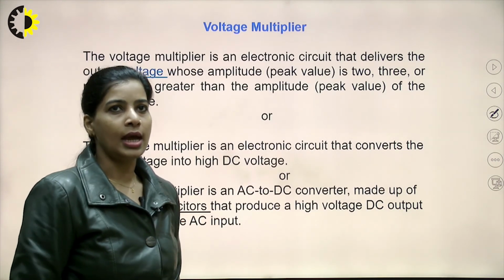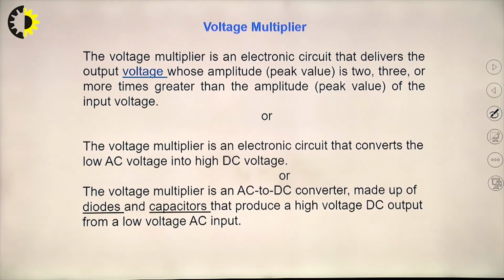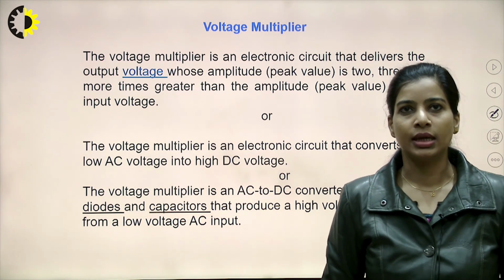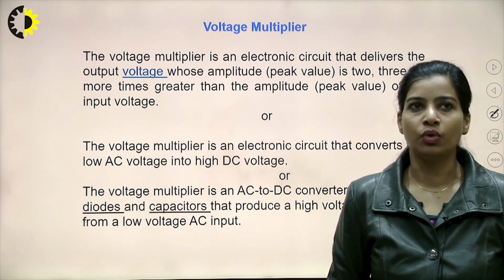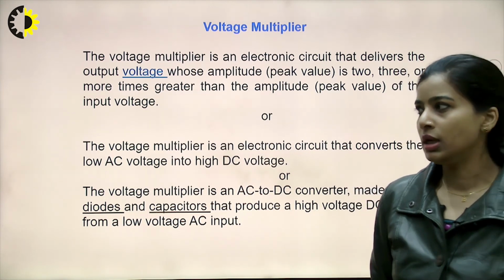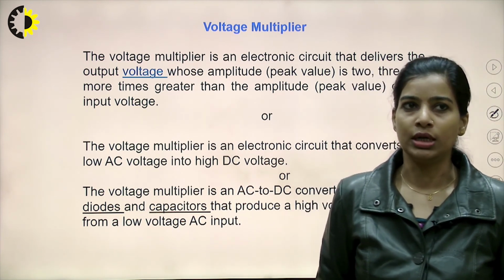Then the next important circuit using the diode is the voltage multiplier. What is a voltage multiplier? A voltage multiplier is an electronic circuit that delivers an output voltage whose amplitude is 2, 3 or many times that of the input voltage.